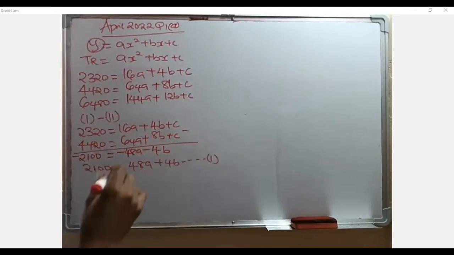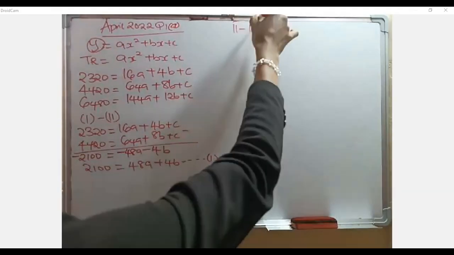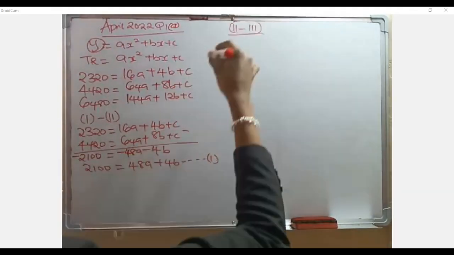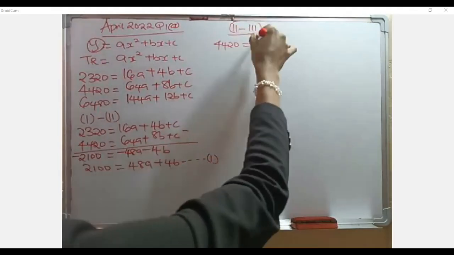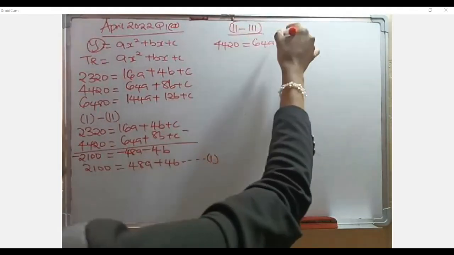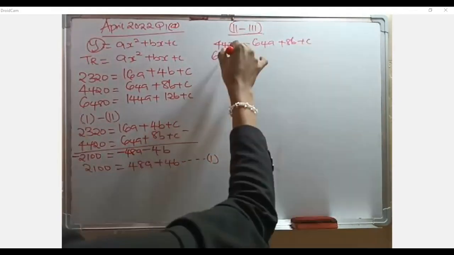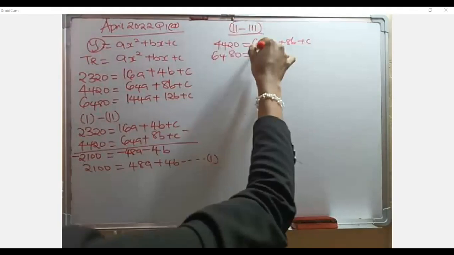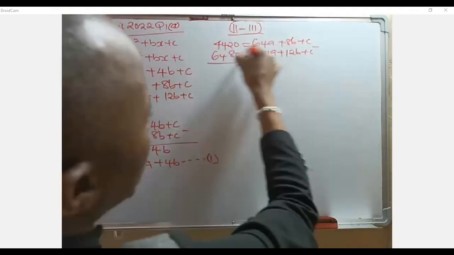Now let us go to the second one, where you take the second equation minus the third equation. 4420 equals 64a plus 8b plus c, and the last one is 6480 equals 144a plus 12b plus c. Subtract again to eliminate c.